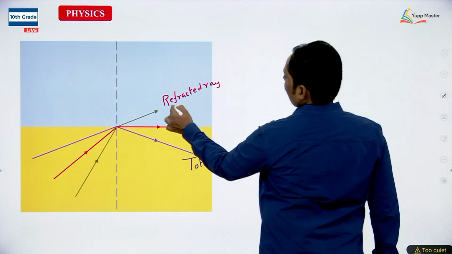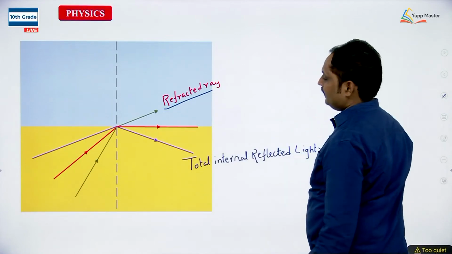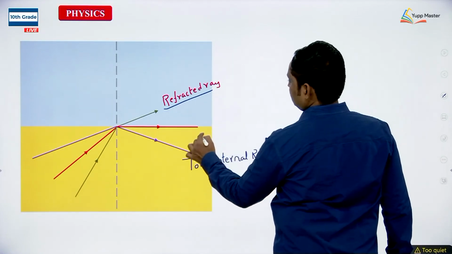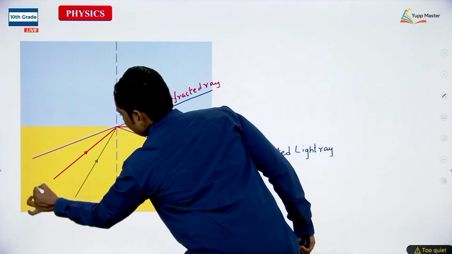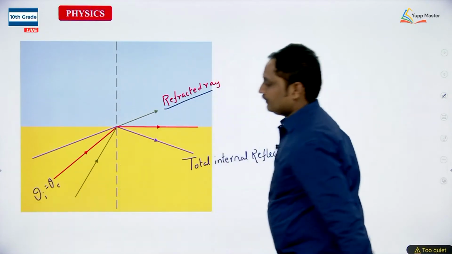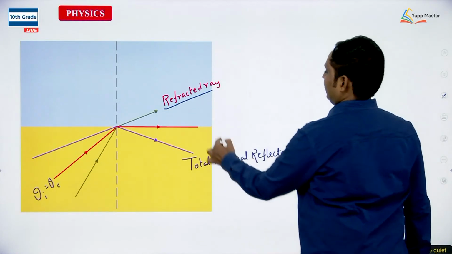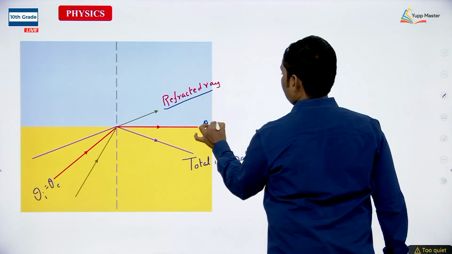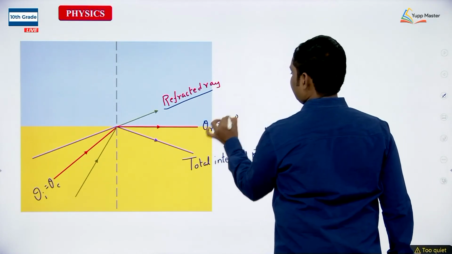In this case, in order to get this, theta I is equal to theta c, and theta r is equal to 90 degrees here.